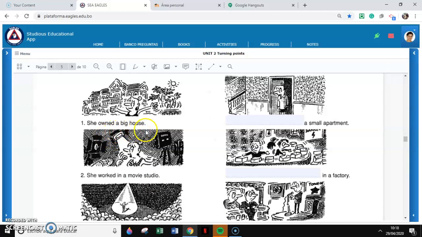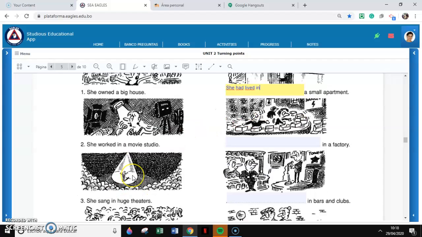She owned a big house in 1995, but before 1995 she had lived, don't forget to use capital letters, she had lived in a small apartment, right? We help you with number 2. She worked in a movie studio in 1995, but before 1995, she had worked in a factory.